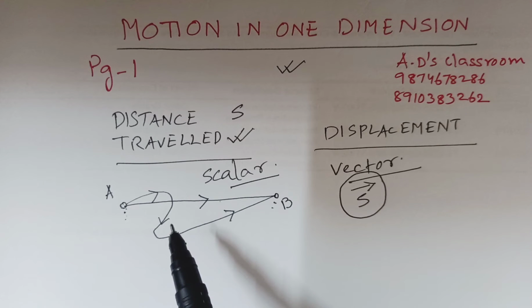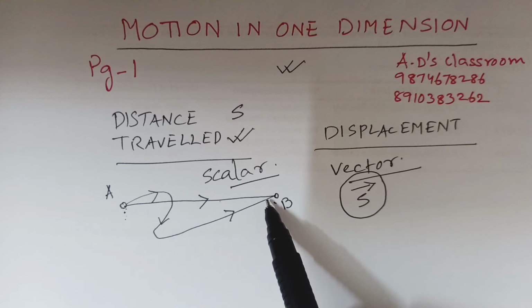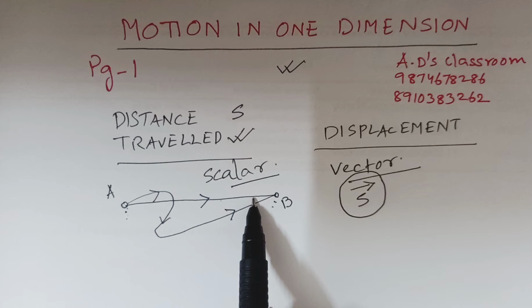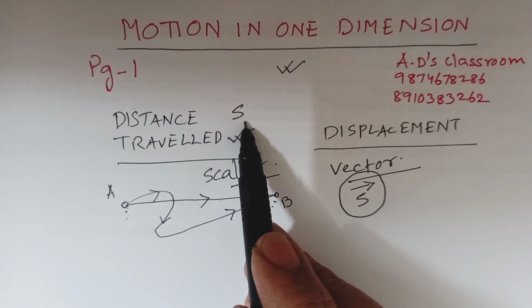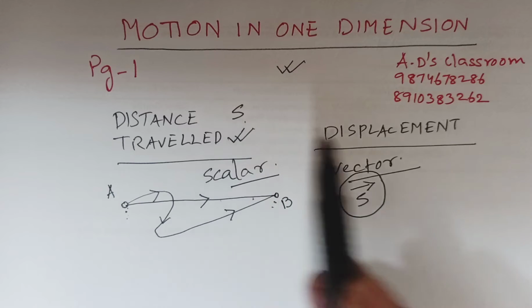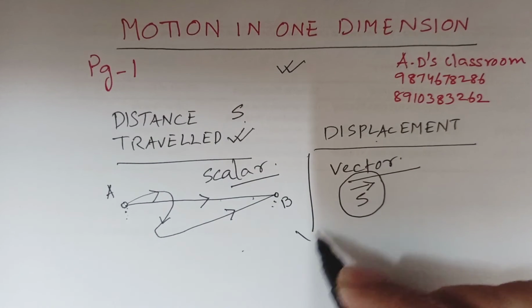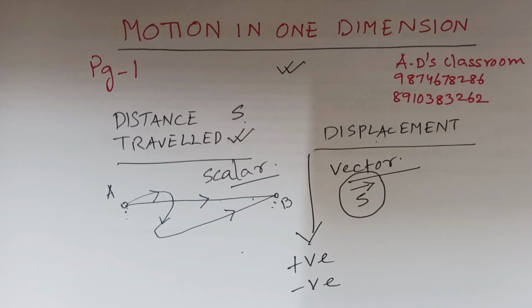Now, distance depends on the path followed by the object, whereas displacement does not depend on the path followed by the object. Distance traveled is always positive, but displacement can be positive, it can be negative, and it depends on the direction.